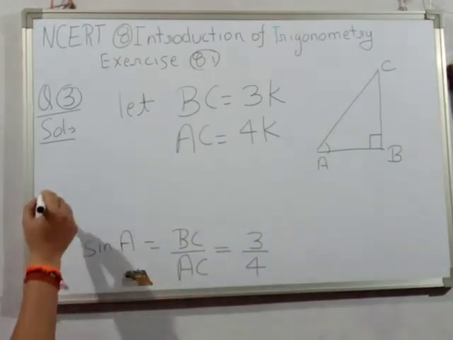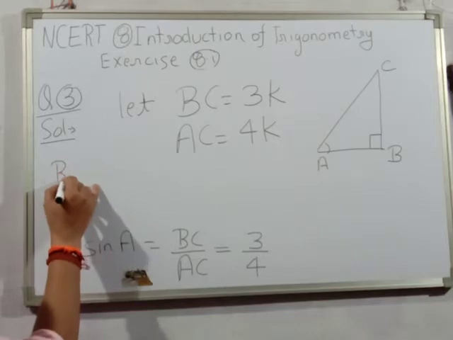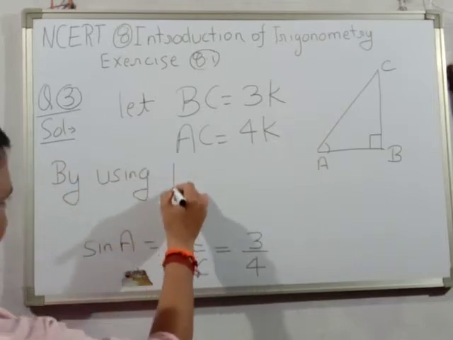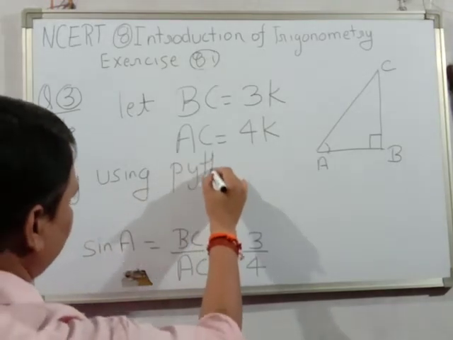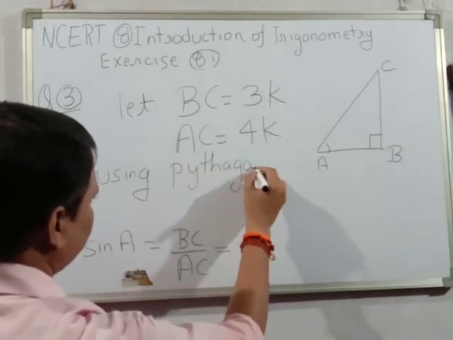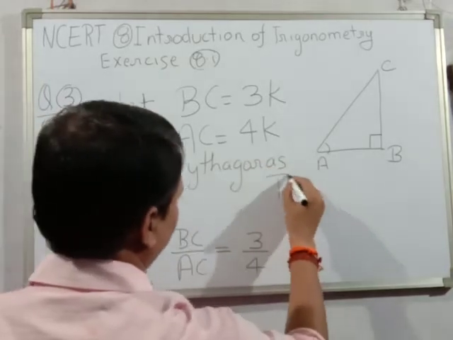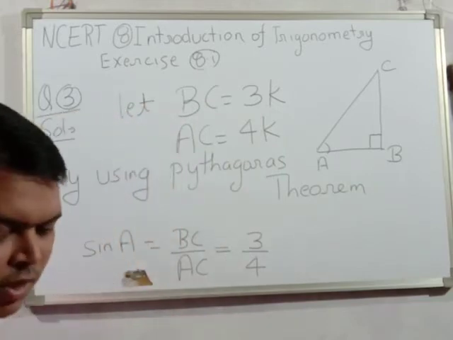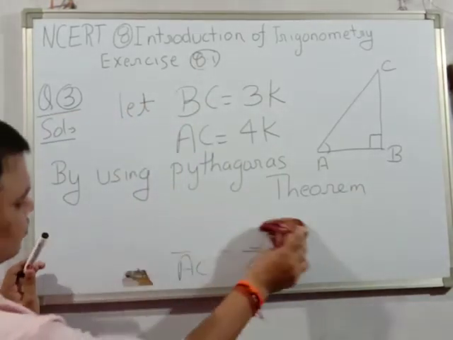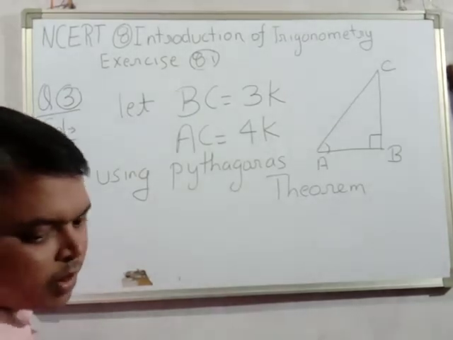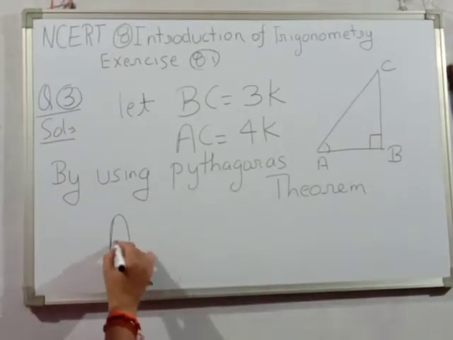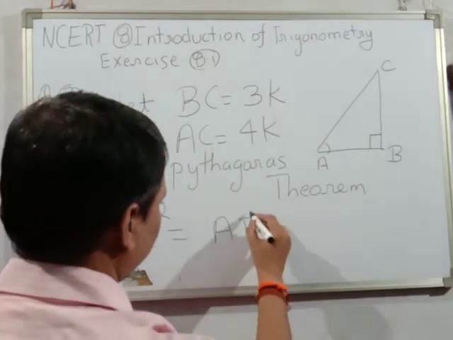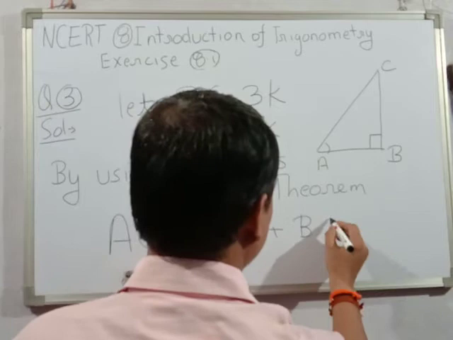So by using the Pythagoras theorem, AC square is equal to AB square plus BC square.